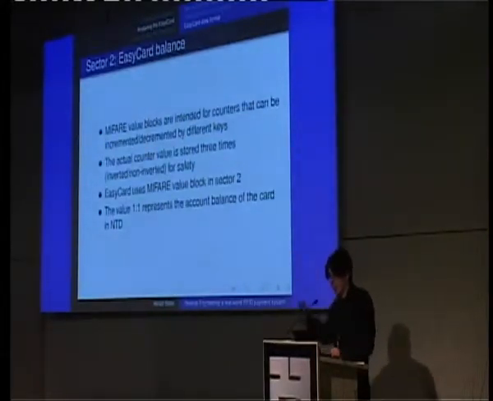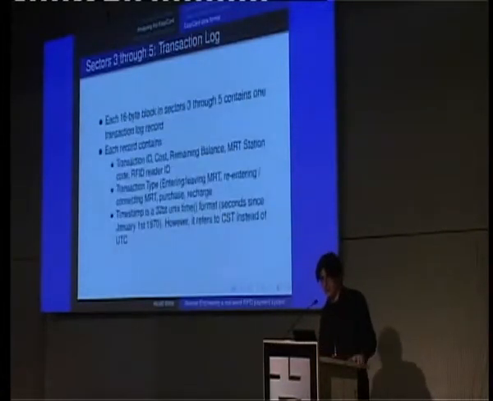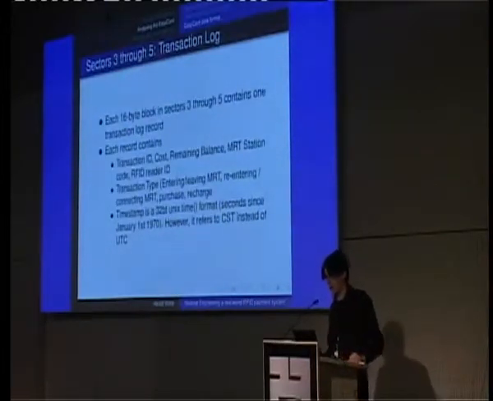Yeah, the value, as I said, 1-to-1 represents the account balance of the card in NT dollars. It's not really anything else about that. There come some other sectors which I have discovered to be the transaction log.